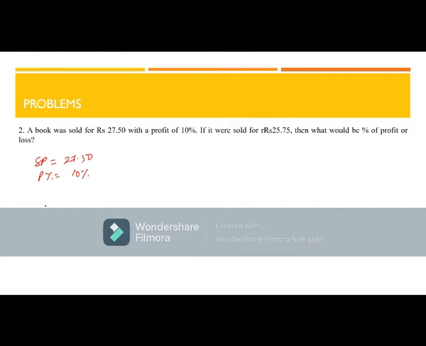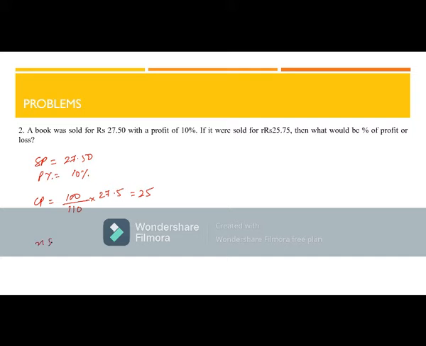Now from here we can say that cost price will be 100 divided by 110 into 27.5. So we get the answer as 25. Cost price is 25 rupees. If the cost price is 25 rupees, what is the selling price?